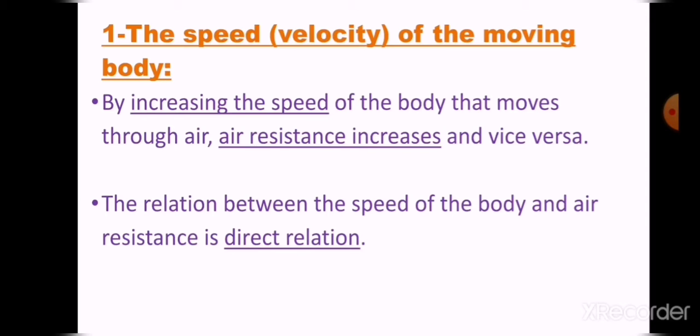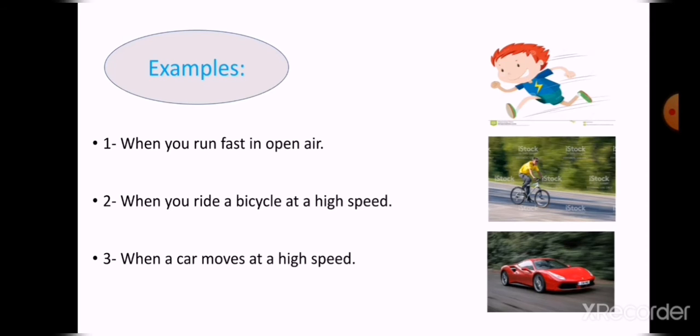So the relation between the speed of the body and the air resistance is a direct relation. And I remind you, what does direct relation mean? It means that by increasing the speed, the air resistance increases. We have some examples that show the speed of the moving body, like when you run fast in open air, like this boy.